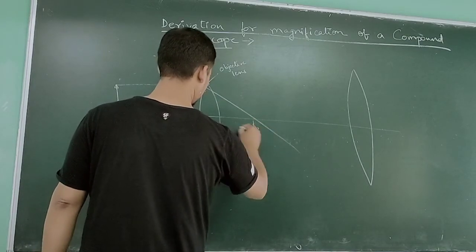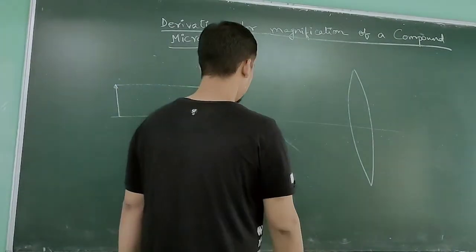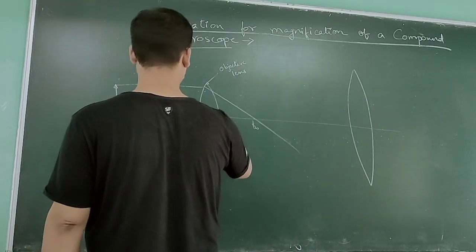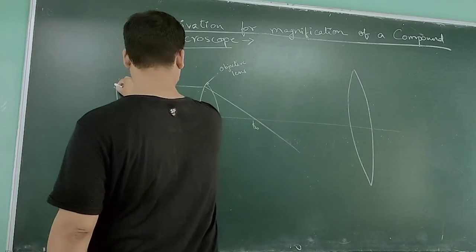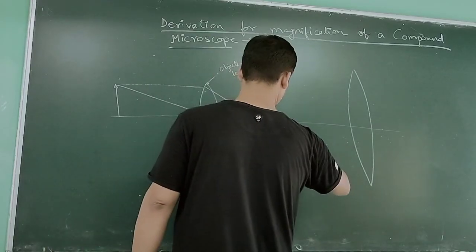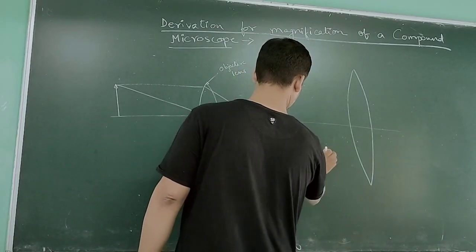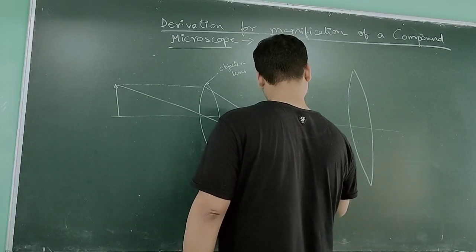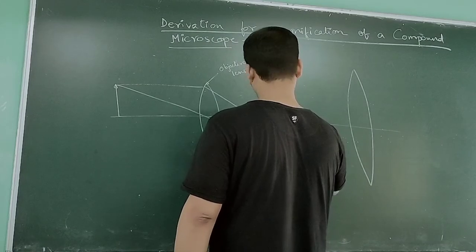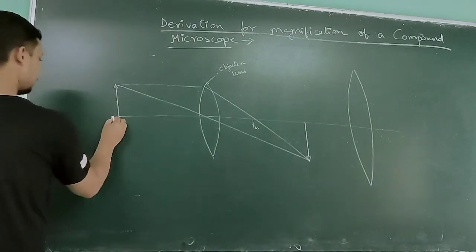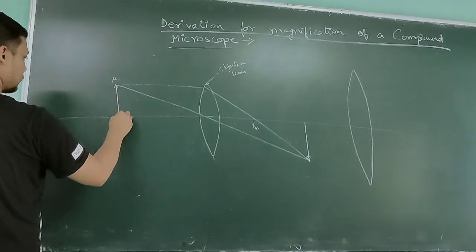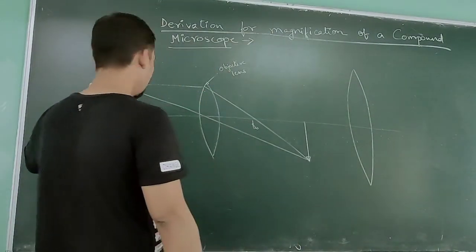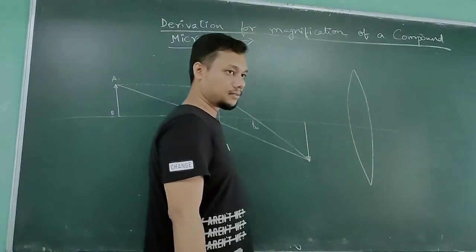This is FO, the objective lens. This is small, and this is a little bit magnified.